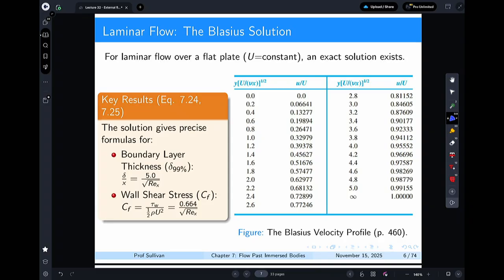We can't measure 100% velocity, so we won't get little u over big U, where little u is the velocity in the boundary layer and big U is the velocity in the free stream. We're not going to measure 100%. So we come close, and we assume that once we hit 99%, roughly 4.85 on that scale, we are at the edge.